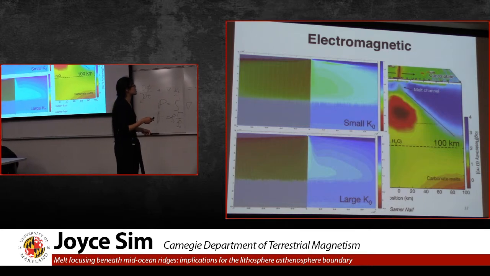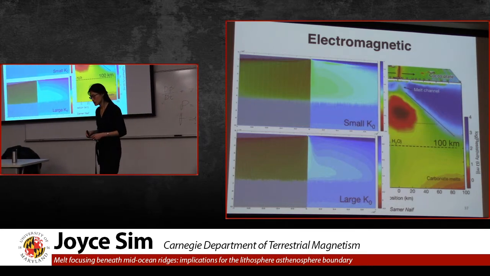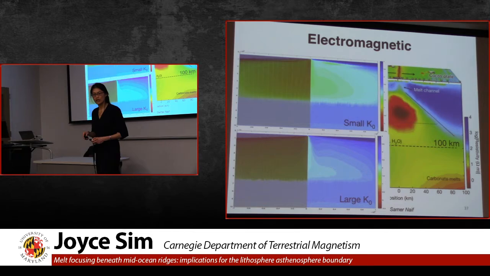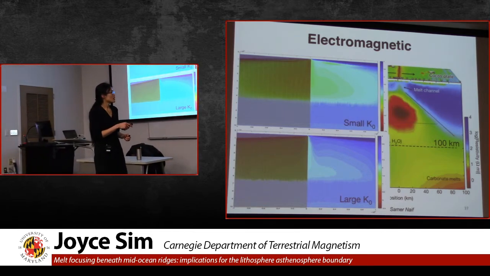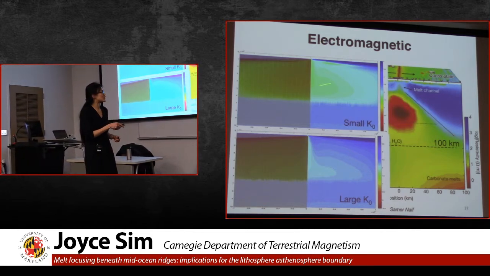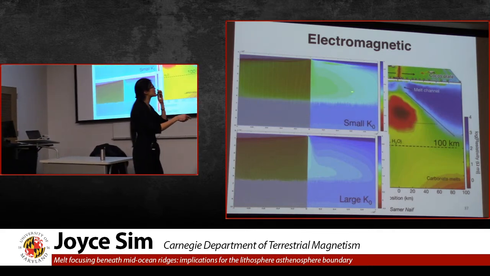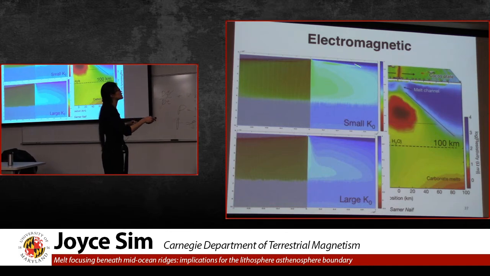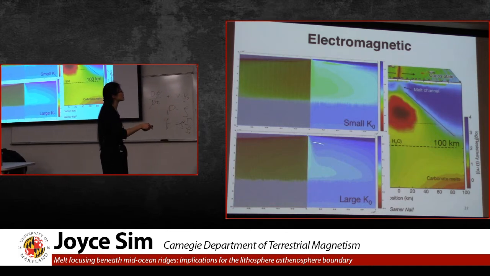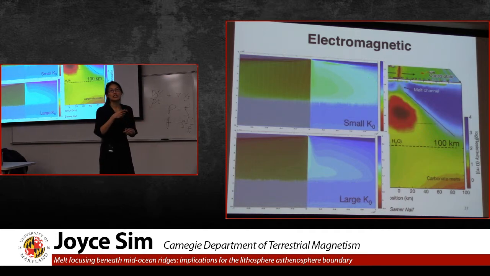So this is pretty cool, relatively new stuff that I've been trying to get people to help me with. So here I'm showing the smaller permeability case and the larger permeability case. And this on the right, it's the EM resistivity that you expect just with the forward modeling.